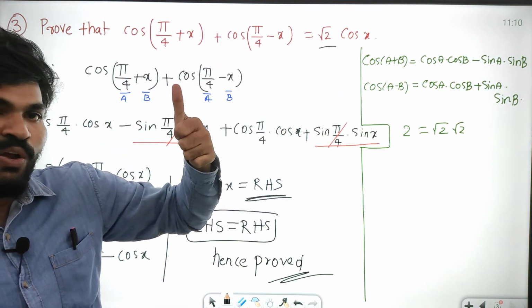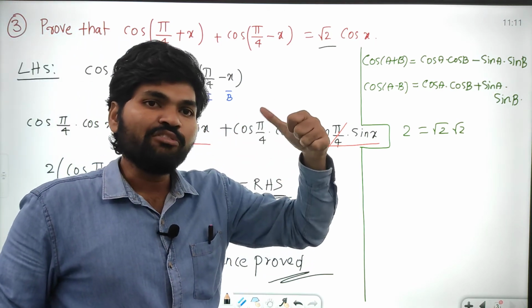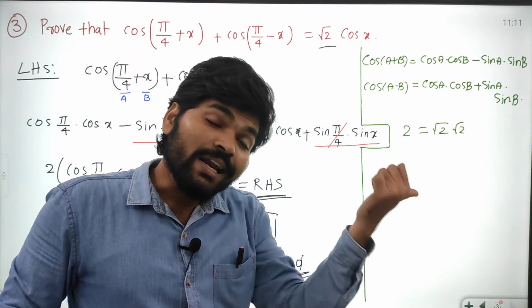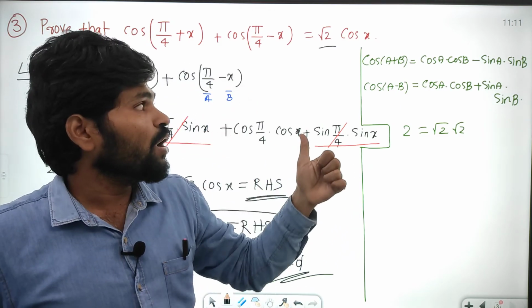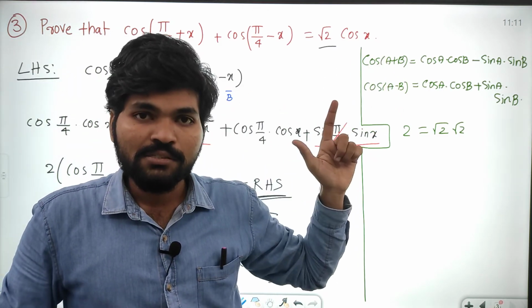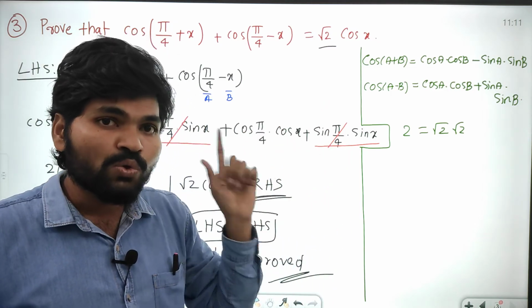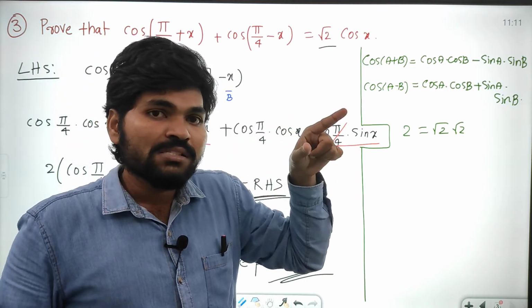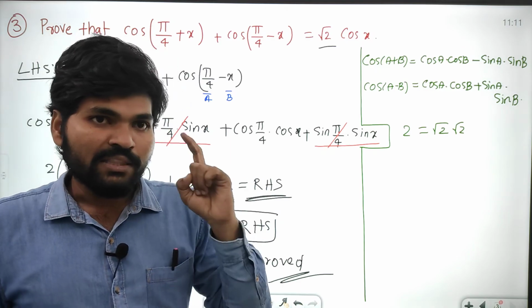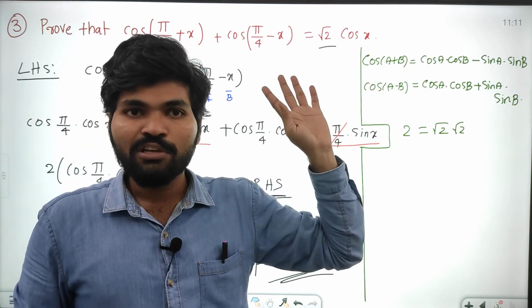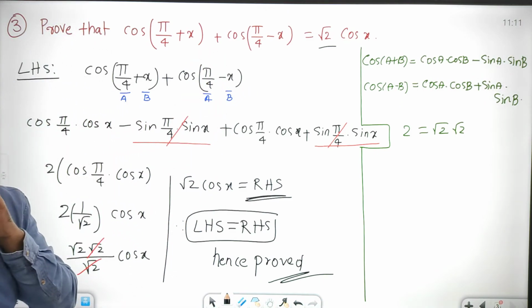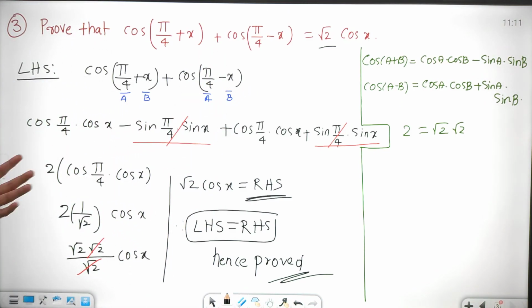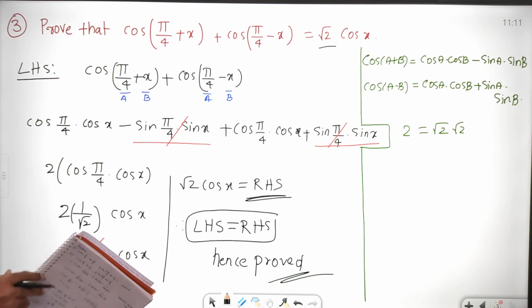First, we have to know conversion of radians to degrees and degrees to radians. Second, we have to know how to convert angles more than 90 degrees. And the third one, we have to know these formulas. If you know these three things, then trigonometry is very easy. Hope you understand, right? Okay, please note it down.